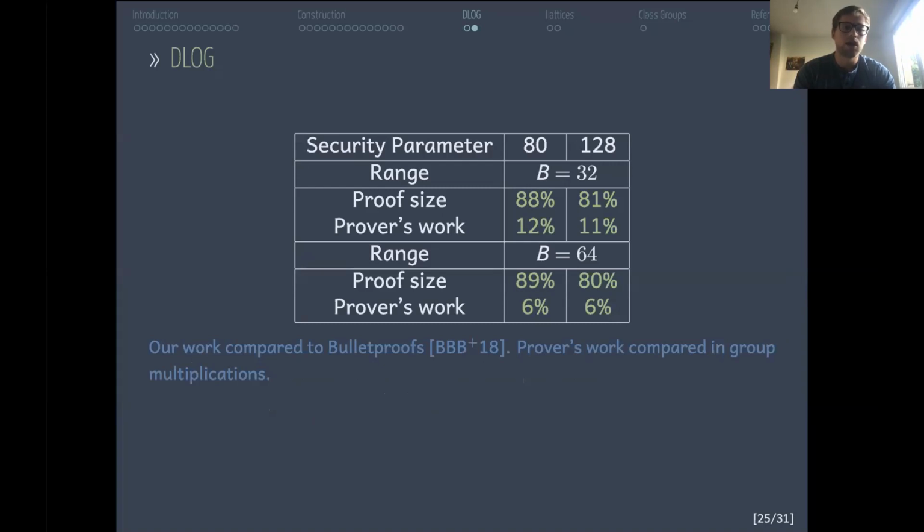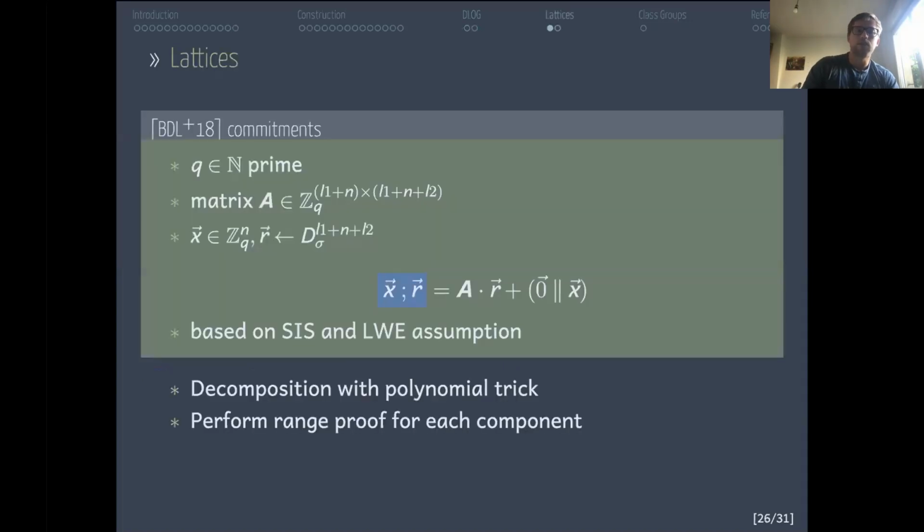What's also quite interesting is that we have quite the improvement in prover's work, the computational work in the range proof, because we're at about 6 to 12% in group multiplications. You have to keep in mind that the group that we work with is slightly larger, but still we have only a fraction of the group multiplications to compute. So this is the D-log setting.